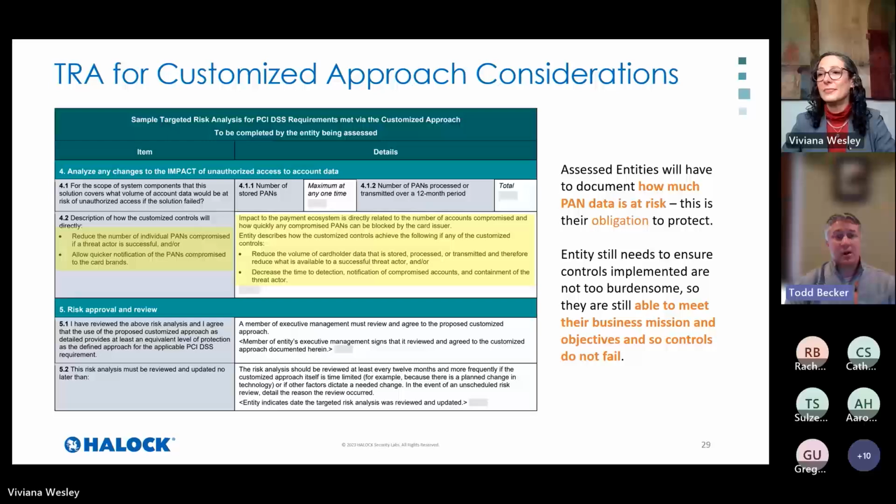Because again, one of the things that either of these approaches are doing is allowing you to tailor an approach for security and controls that's unique to your organization and should be balanced with what your organizational objectives are.